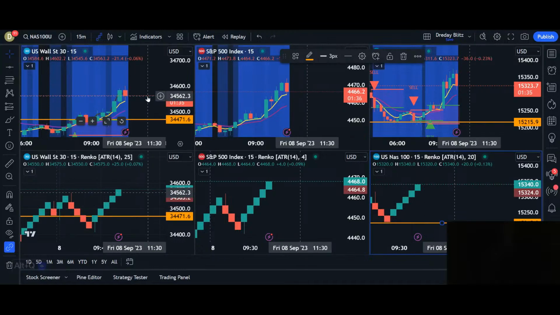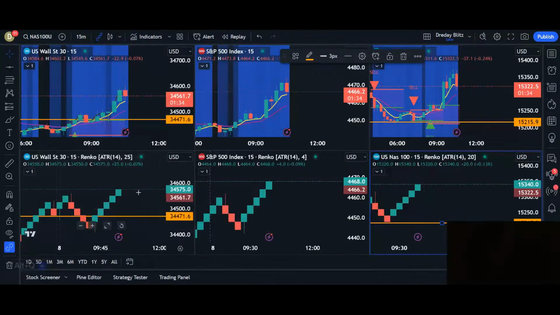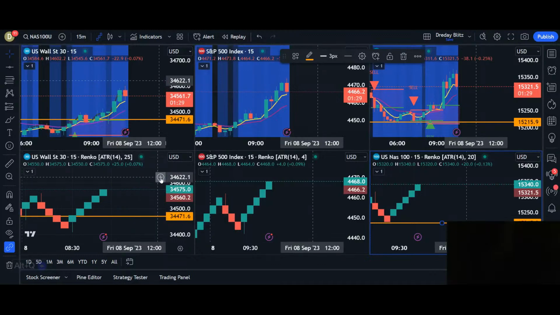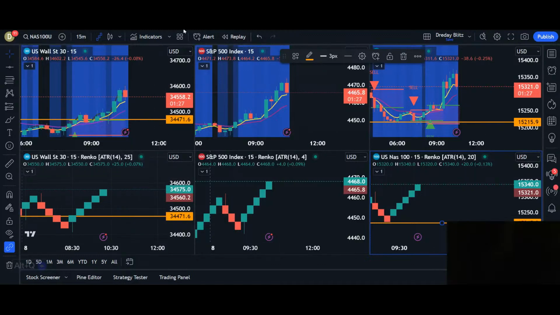And US30 is still showing bullish here. So we'll wait and see. So the final candle here for this session is going to open in about less than 2 minutes. So we'll see how everything goes.